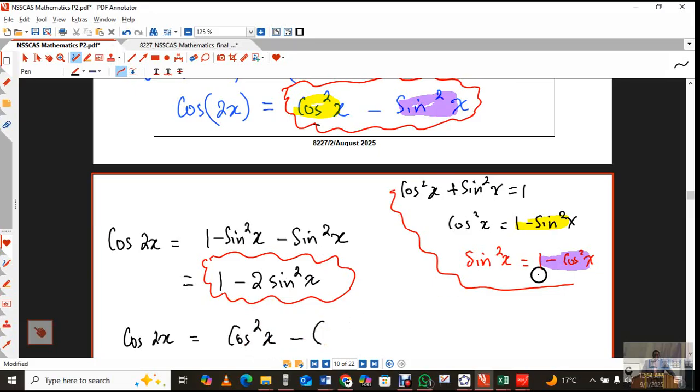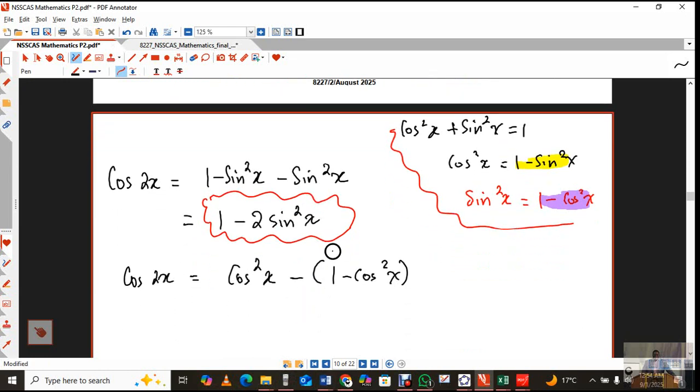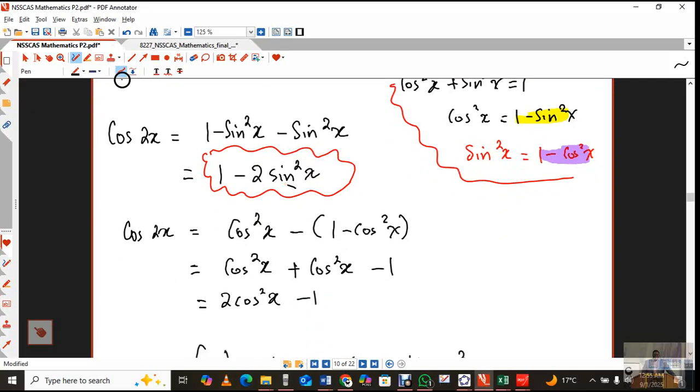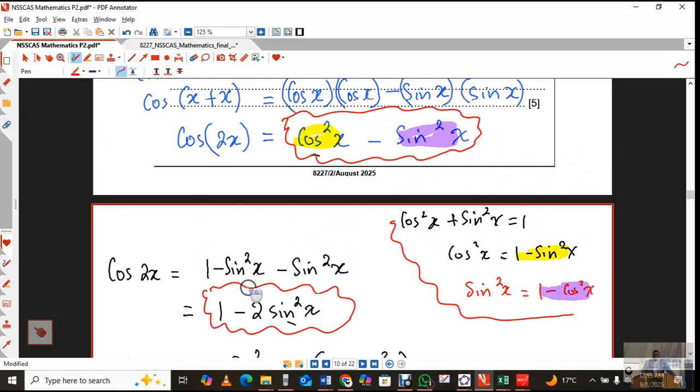Where I have sine x squared, I'm going to replace it with 1 minus cos square x to find the other one. And let me just clean it up. If I remove the brackets there, I'm going to have cos square x minus, in fact, let's just say plus cos square x minus 1. If you were to distribute, this gives you 2 cos square x minus 1. And this is the third one that I have. So there are 3 of these double angles for cosine.